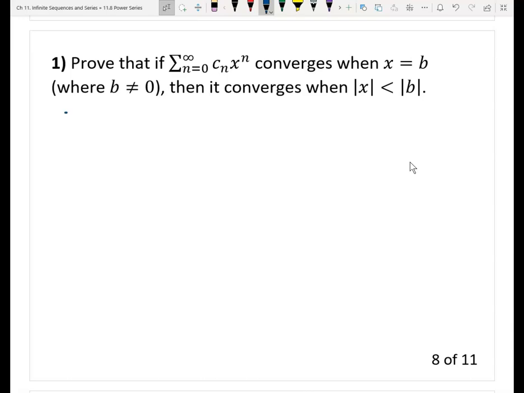We have our series converges at b, which means the series of Cn times b raised to the nth power converges, right? Since this converges, we get a result: the limit of the general term is 0. The general term is Cn b raised to the n, and this should equal 0.